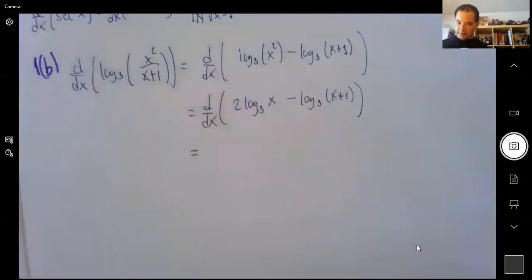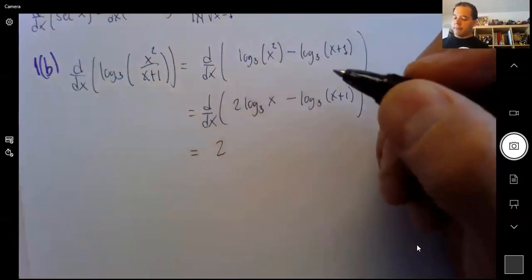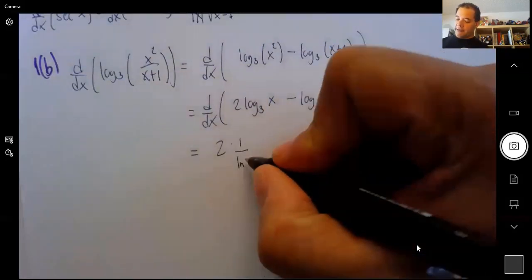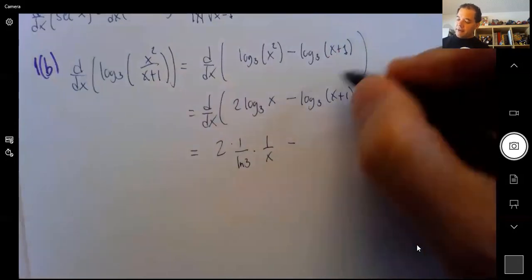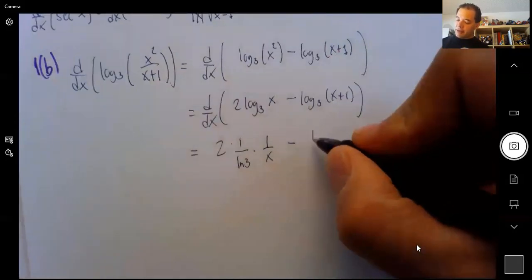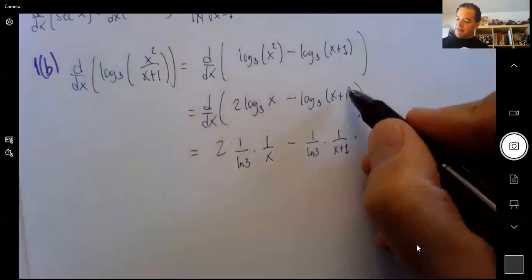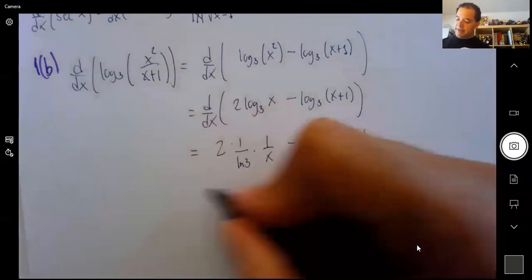Now we can take the derivatives, and it will be easy. 2 is just a constant, and the derivative of log base 3 of x is 1 over ln 3 times 1 over x, minus the derivative of log base 3 of x plus 1. That's 1 over ln 3 times 1 over x plus 1 times the derivative of the inner function, which is 1. And that's it, right?